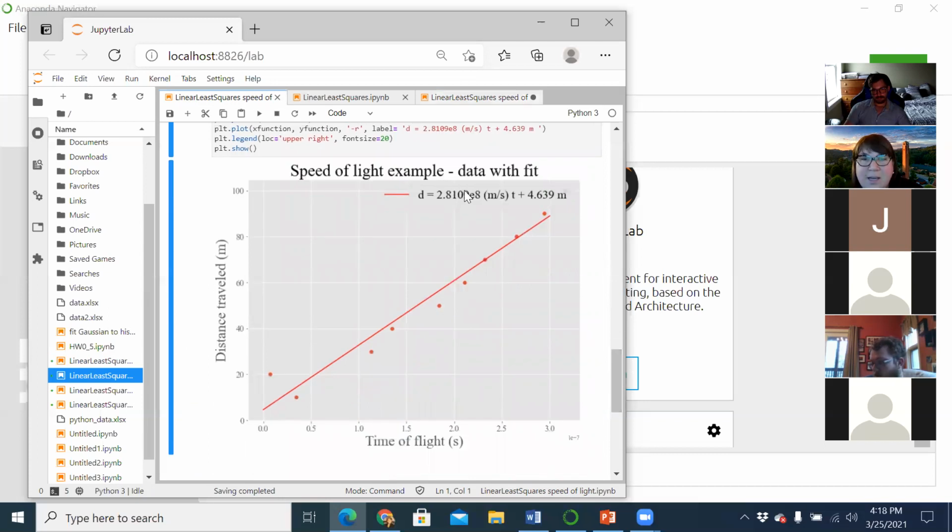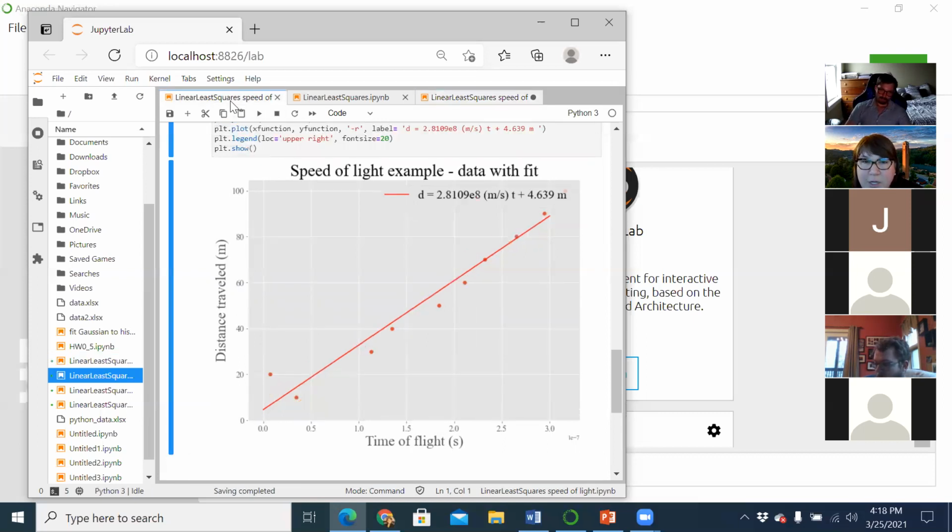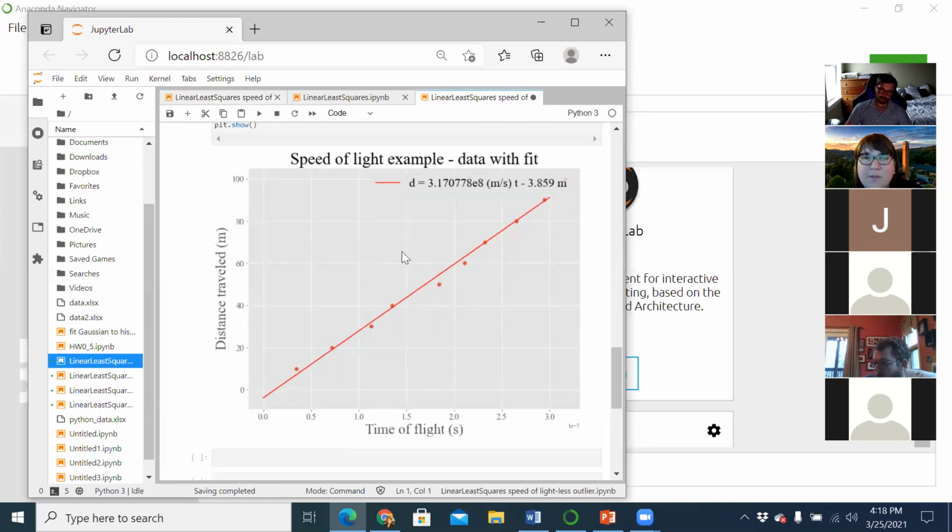Like I said, this is not necessarily a more accurate value for the speed of light, but we do have a better confidence now. The line is closer to all the points here than it was before, so we can have a higher confidence that our new value is more correct just based on the fit and the data, not necessarily correct compared to the real speed of light.